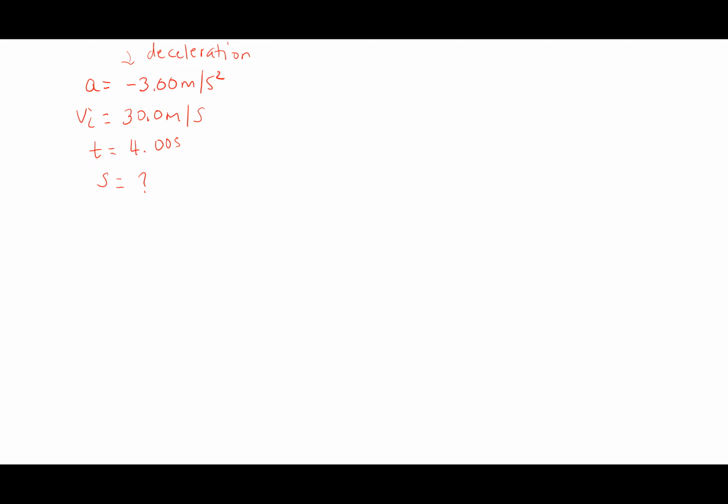Now for this one, we know we're looking for displacement, so there's a formula for displacement: S equals V initial, which we have, times time, plus 1/2 acceleration, which we have, times time squared. Perfect. We have everything we need. We don't have to manipulate it because it's giving us what we need and we're solving for S, okay?